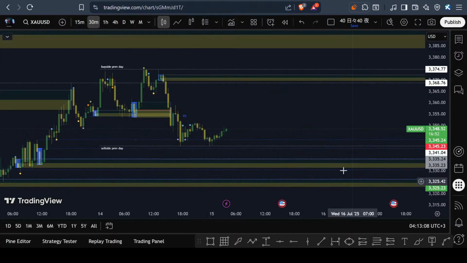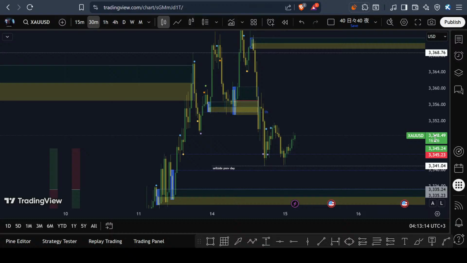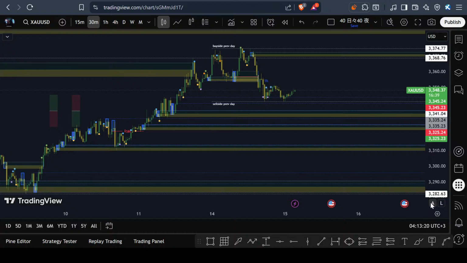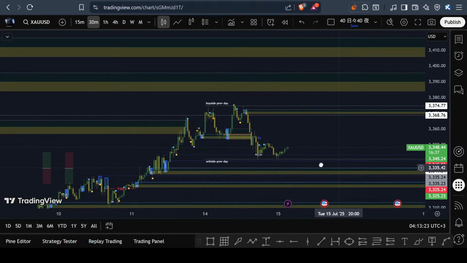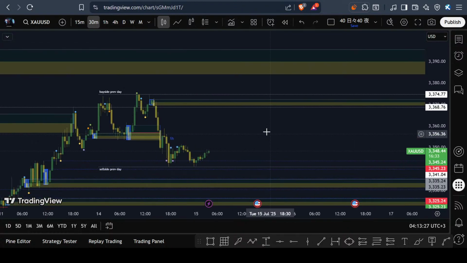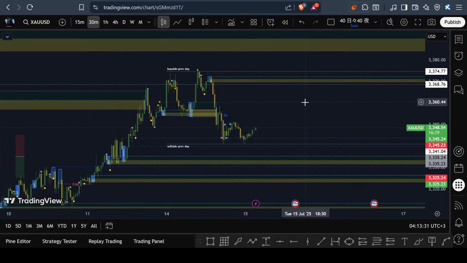On the 30 minutes, as we push to the lower time frames, we are getting clear direction and clear information of what price is doing. Looking at the 30 minutes, there's pretty much not a lot that is going on.